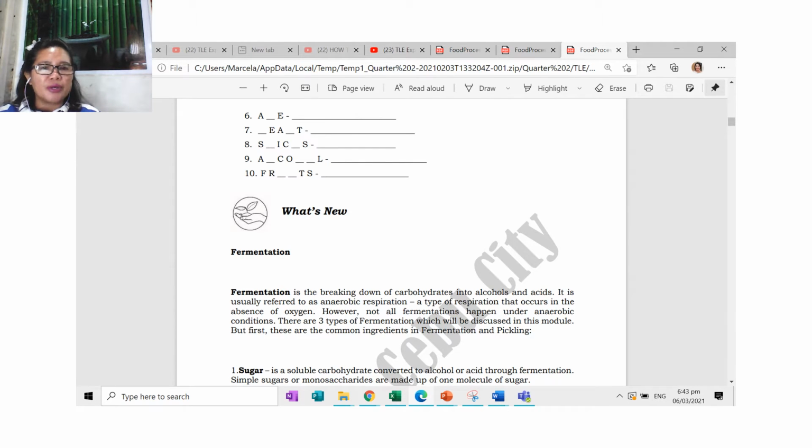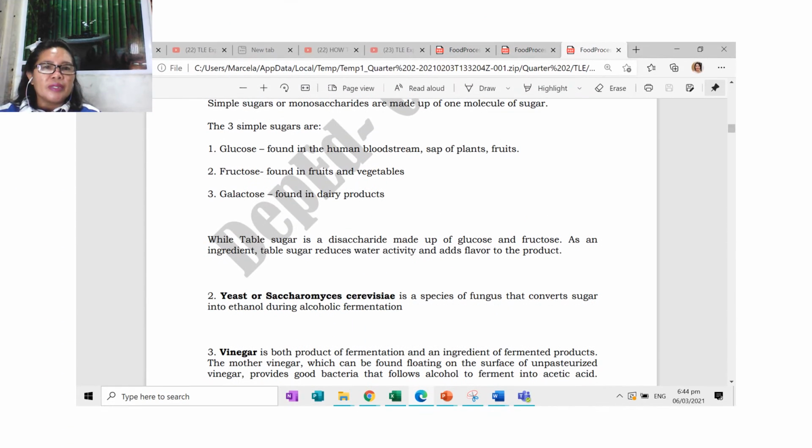Simple sugars or monosaccharides are made up of one molecule of sugar. There are three simple sugars. What are the three? The glucose, the fructose, and the galactose.